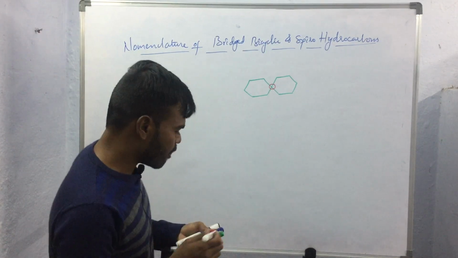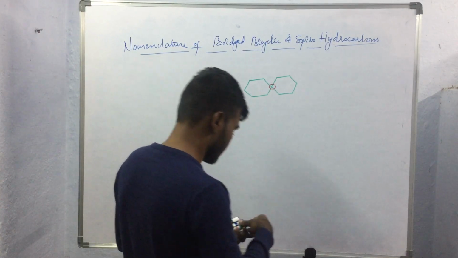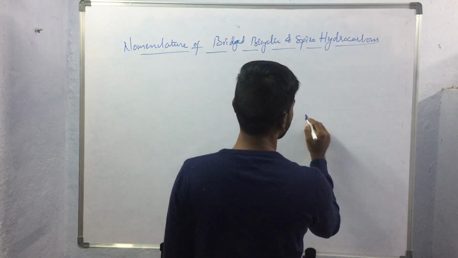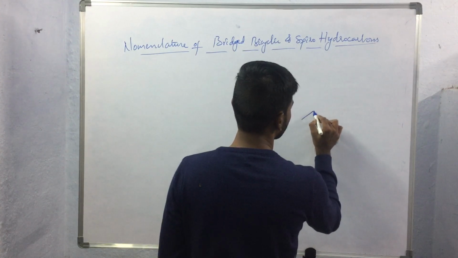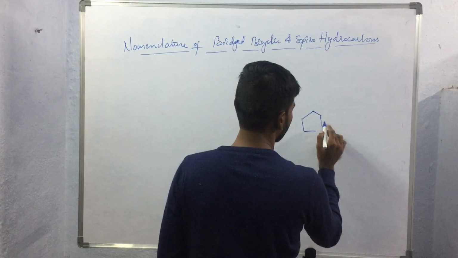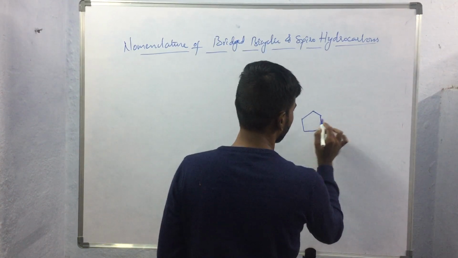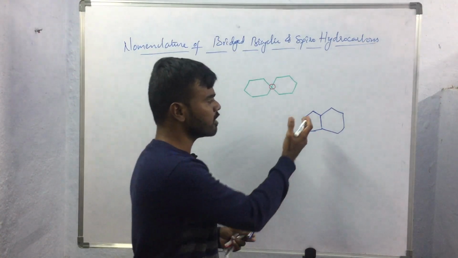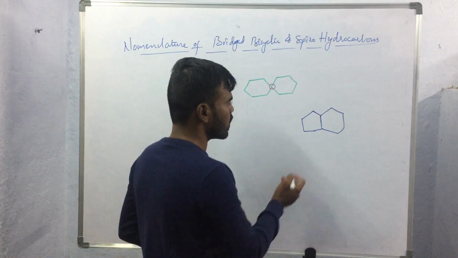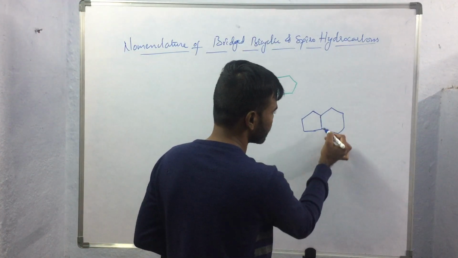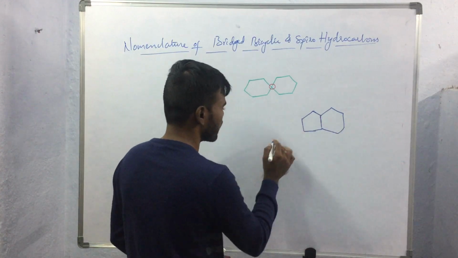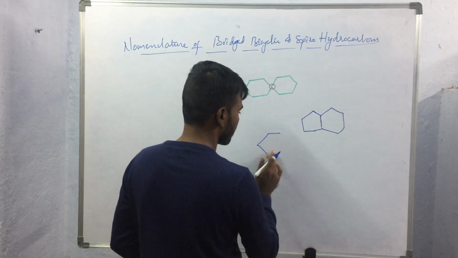While naming bridged bicyclic compounds, we are counting these two common atoms also. Or else we can take the same example we have discussed.